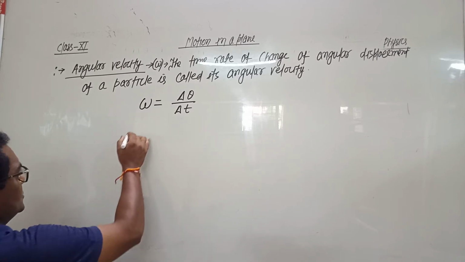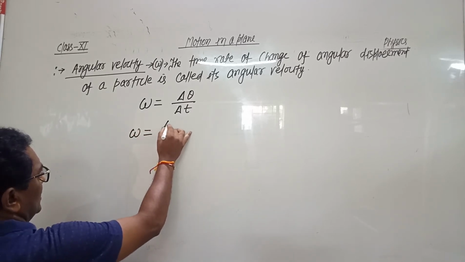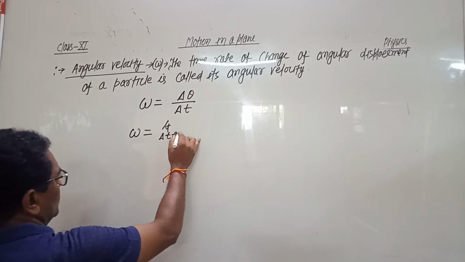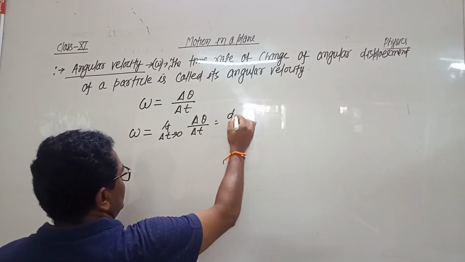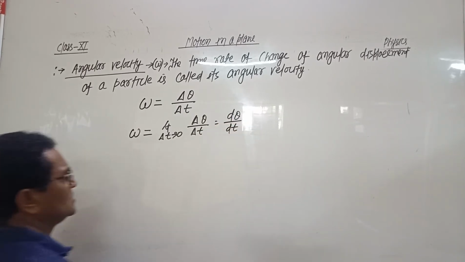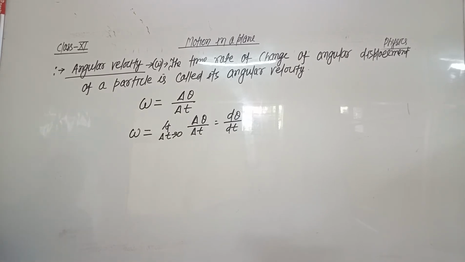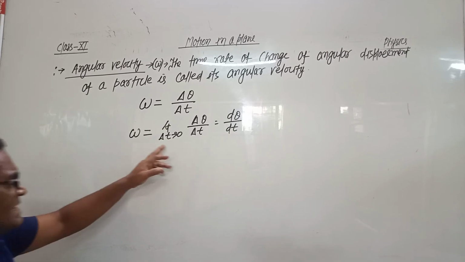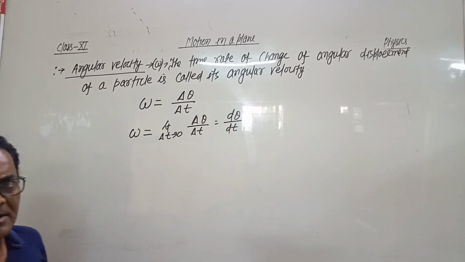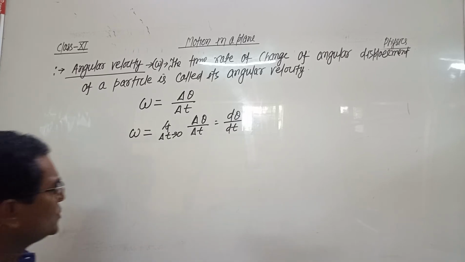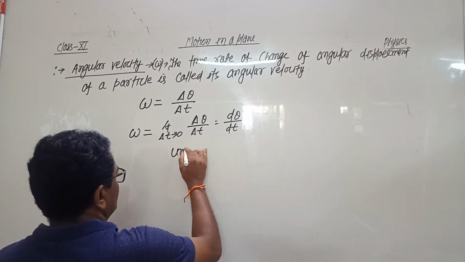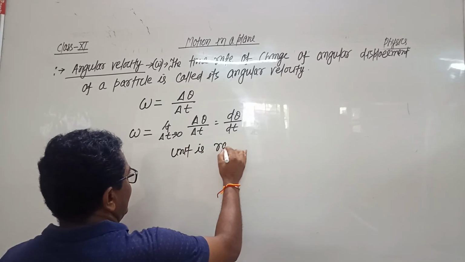And when we take the limit, omega equals limit delta t tends to 0 of delta theta by delta t, it becomes d theta by dt, called instantaneous angular velocity, and its unit is radian per second.